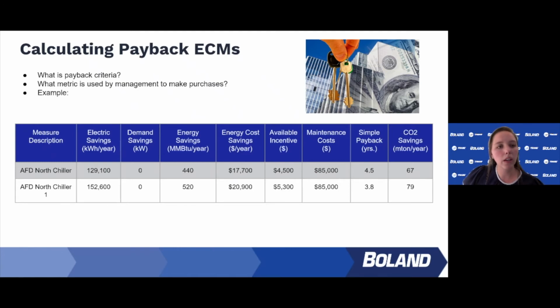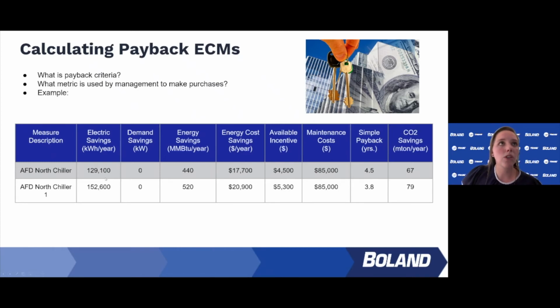Just real quick here, we have an example of calculating a payback. AFD on the chiller, that's the same thing as a drive on a chiller, just trade terms, so don't worry about that. But we're trying to figure out, can we justify adding a drive to a chiller? So we have to look into how the plant is operating, figuring out the savings for each drive, the available incentive, and the maintenance cost.